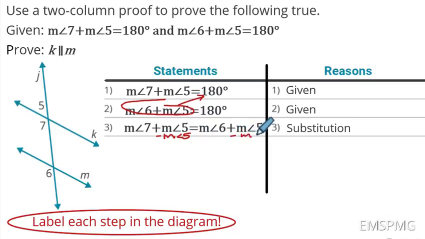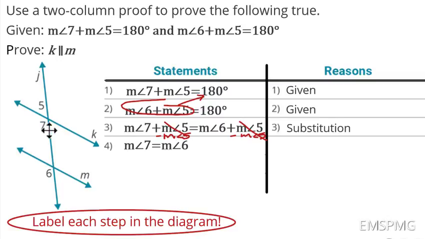What am I going to be left with? Hopefully you're seeing that once I subtract angle 5 from both sides, you're going to be left with the fact that angle 6 is equal to angle 7.